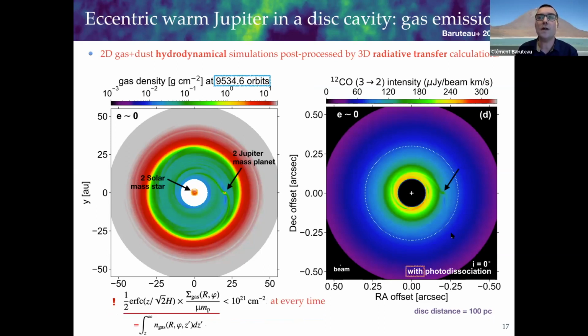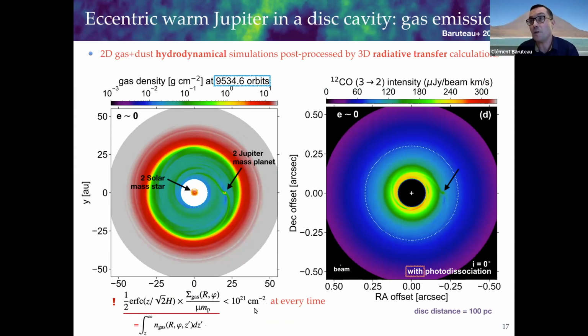And so moving on now, I'm showing you what we get when we take photodissociation into account. So photodissociation is taken into account by assuming that if the local column density of the gas falls below some threshold, like 10^21 cm^-2, then we assume that UV radiation can successfully deplete the gas density above that column.